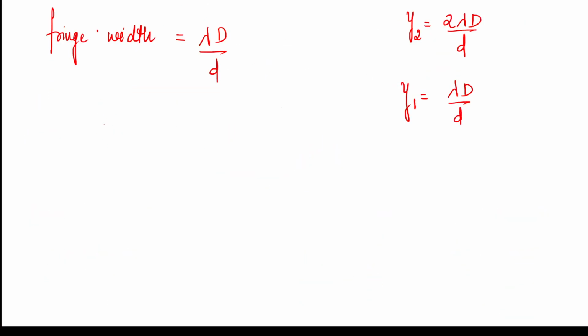So if I use blue color or red color light, which one do you think would give me wider fringes? Red color would give me wider fringes because red color has a higher wavelength. Capital D and small d are the setup of that experiment, and depending on the color of the light you use, you get broader or thinner fringes.